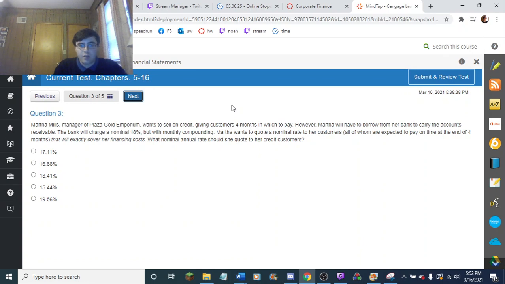The bank is charging a monthly compounding rate. So the bank's effective rate is 19.56.